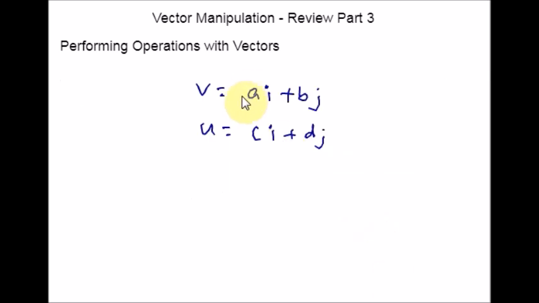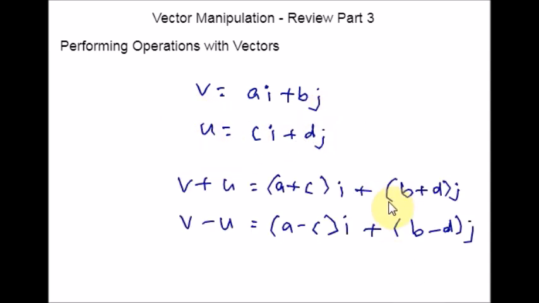Please consider two vectors v and u, ai plus bj and ci plus dj. So what would be the addition and subtraction? V plus u and v minus u will be, as I just mentioned, performing the operations on the corresponding components: a plus c here, a minus c here.